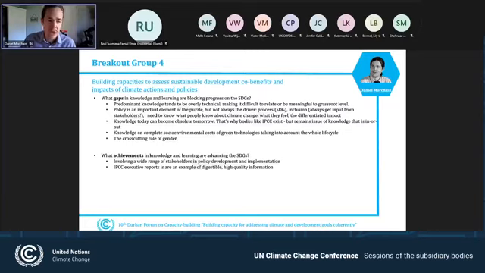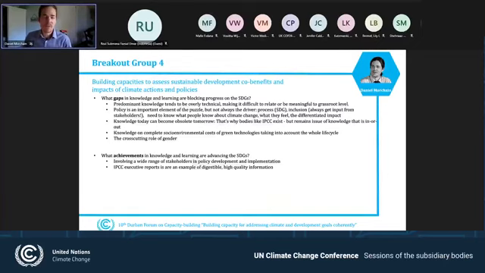On the second one, in achievements, I'll come back to the idea of IPCC executive reports as a really important way for people and for decision makers to move ahead with an important level playing field. And again, the involvement of a wide range of stakeholders in policy development and implementation, which is easy to say. We've said it for decades, but it's still an important message.